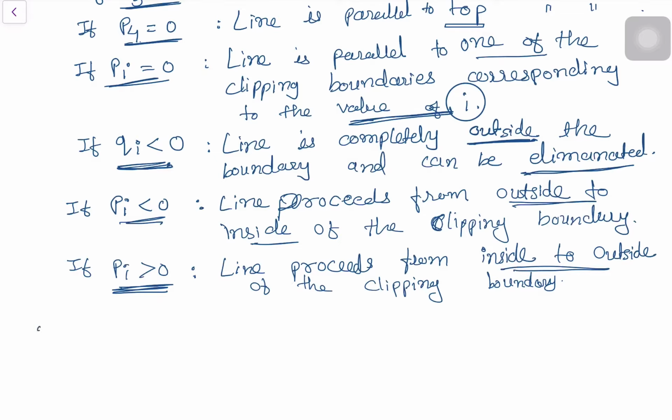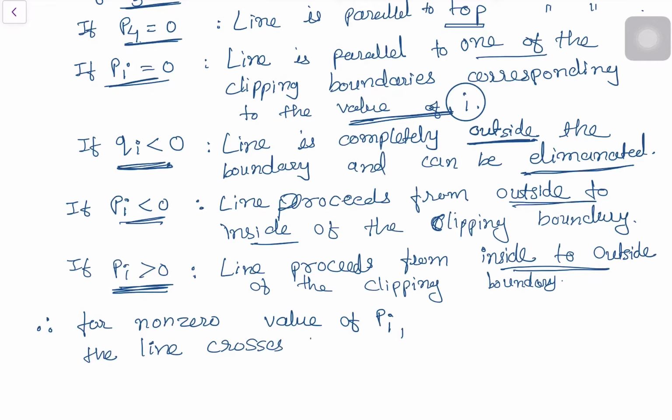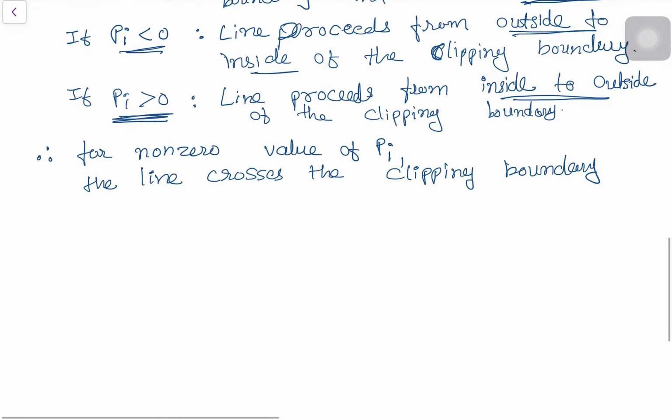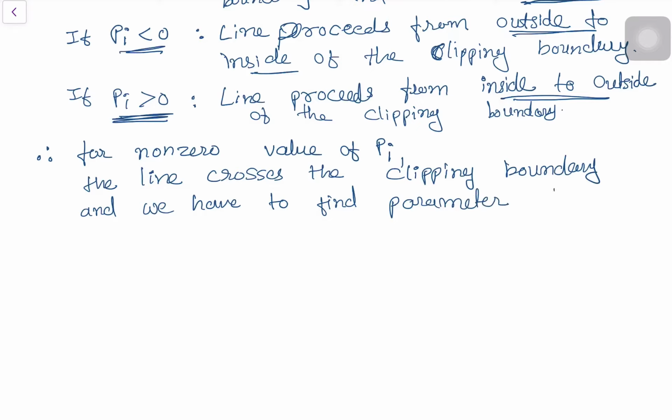Therefore, for a non-zero value of pi, the line crosses the clipping boundary, and we have to find the parameter t.